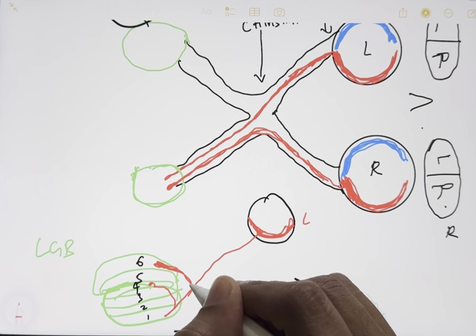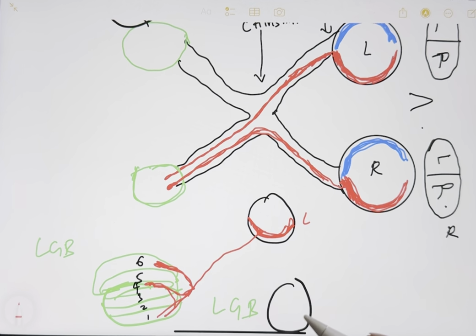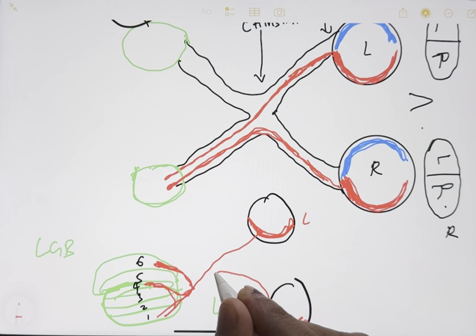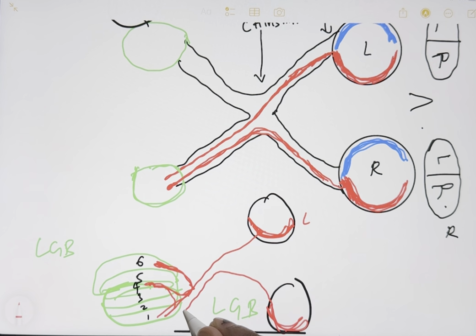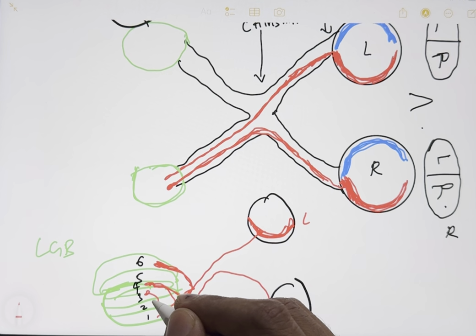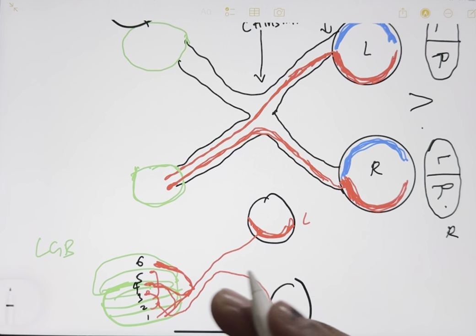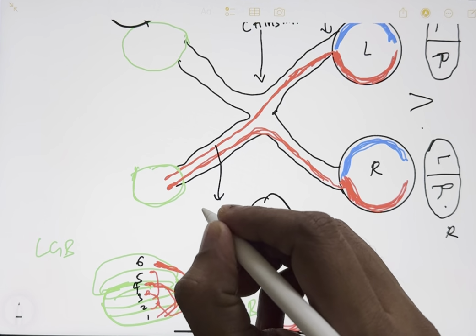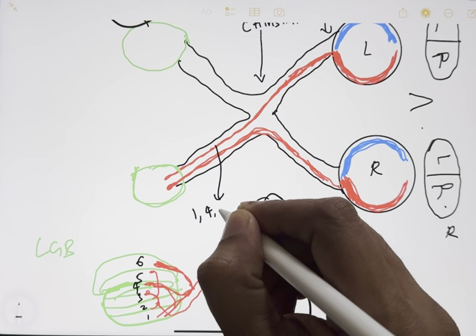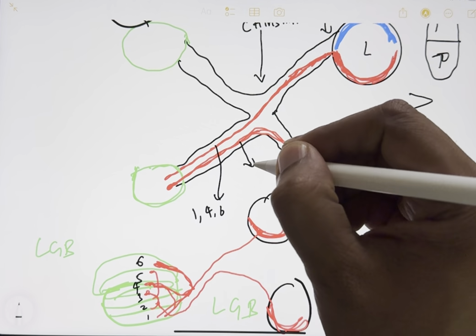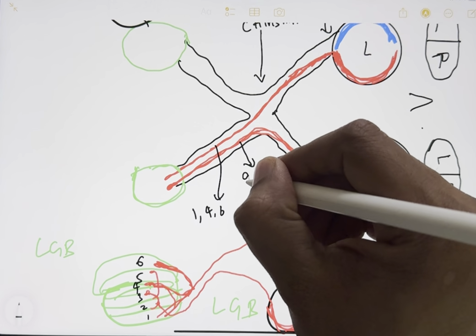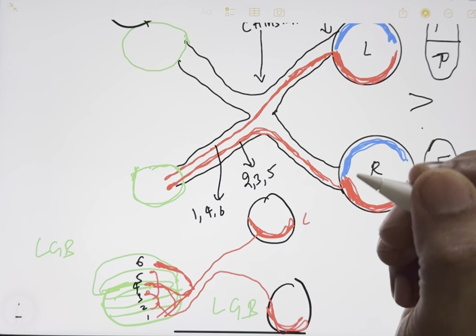From the right eye, the fibers which are not crossing and terminate on the same lateral geniculate body will terminate in layer number 2, 3 and 5. So, let me write here: the opposite side terminates in layer 1, 4 and 6, and the same side in layer 2, 3 and 5.